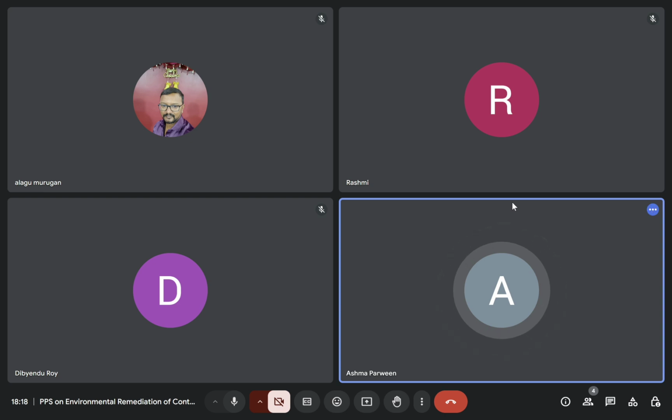In week second, we have seen risk characterization and hazard index identification for carcinogenic and non-carcinogenic compounds. And then the methods for remediation of contaminated sites started. The first method was pump and treat.